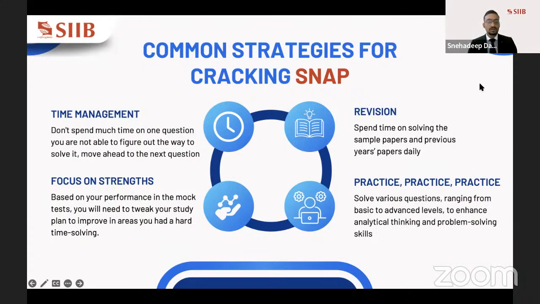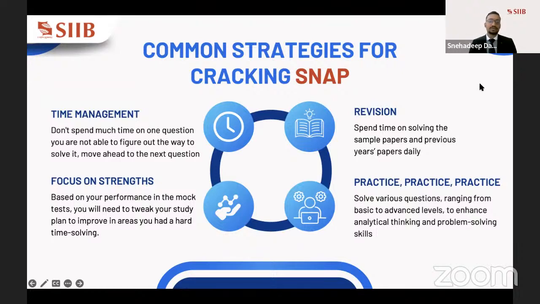You need to also focus on your strengths. Suppose there are VARC, DILR, and one other part, and if you are not confident about VARC, then you can skip it for the last and go ahead with the other two sections.